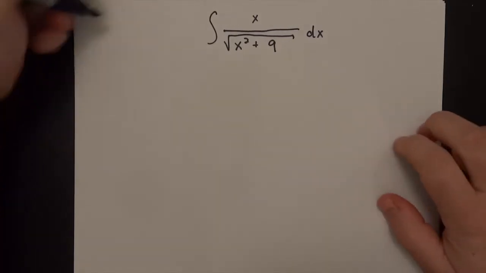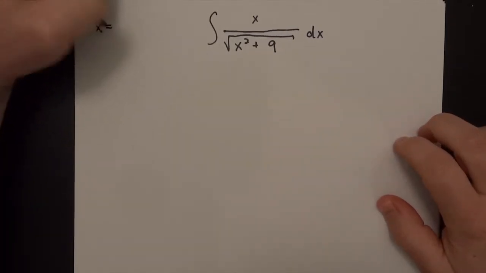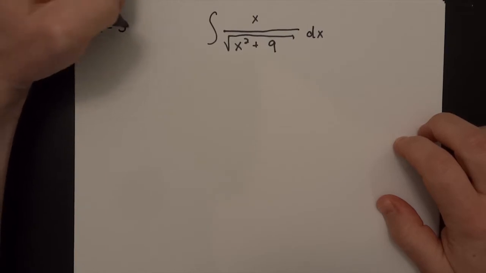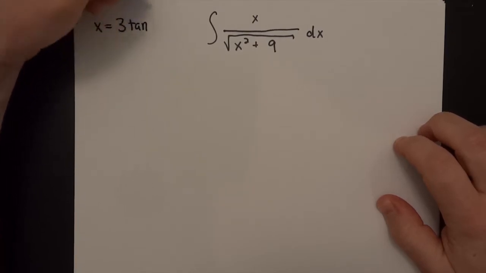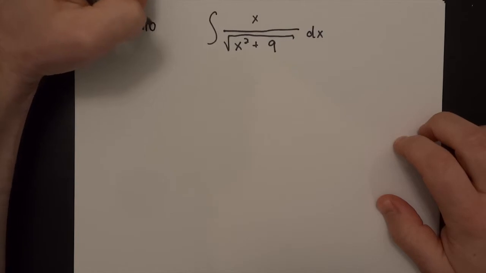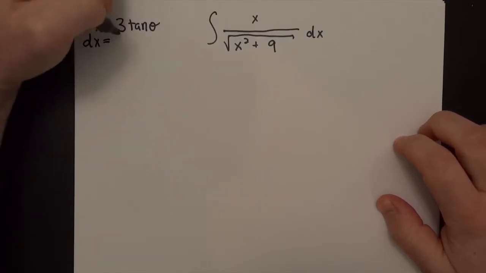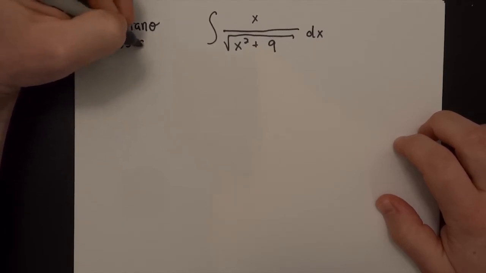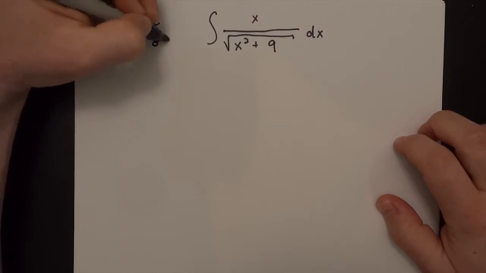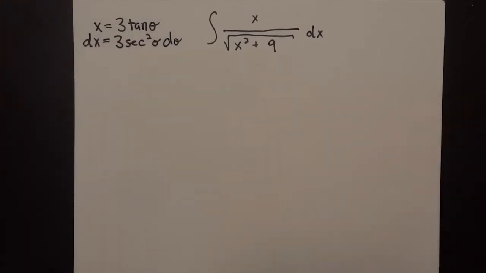So in this case we're going to use x equals 3 tangent of theta, right? Your dx is 3 secant squared of theta d theta.